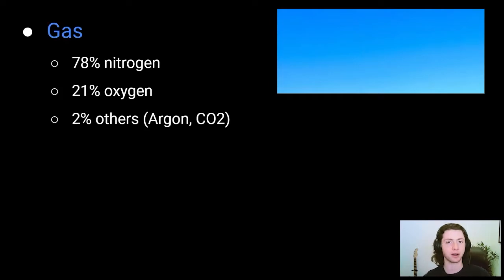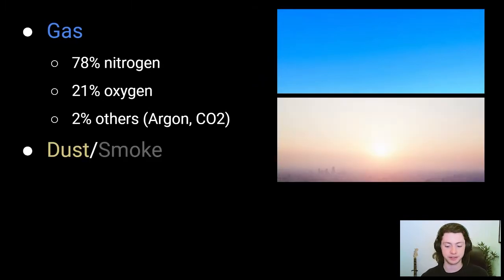And they're all categorized together because these different molecules behave similarly in terms of the way that light interacts with them. Another category of stuff in the atmosphere is dust and smoke, or what we would call aerosols in the atmospheric scattering literature. And these are responsible for the look of smog around a city, or the look of pollen floating around in a forest, and the haze that you see around the sun disk on a really foggy day.